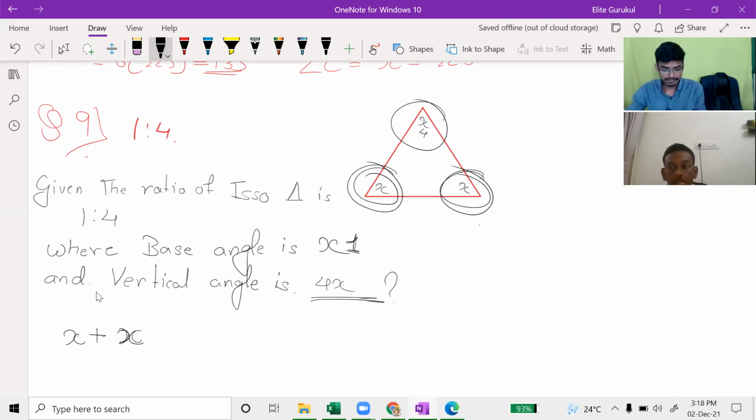No. x is considered as an angle, but when you multiply something with 1, it remains as it is. If you multiply a into 1, it will be a. If you multiply Joshua into 1, it will be Joshua only. Whenever you multiply something with 1, it comes as it is. So that's why we didn't write 1 over here.